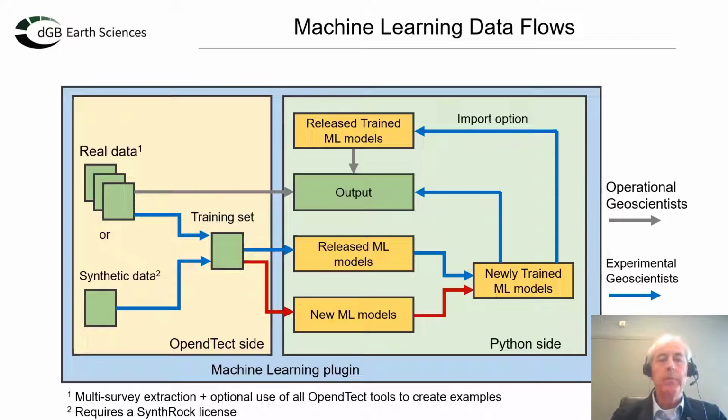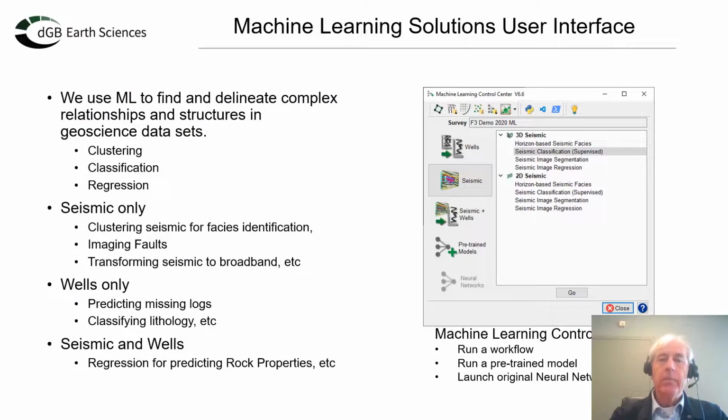And then we can have the researchers, and these researchers, they can create their own new models within the OpenTect machine learning system, because OpenTect machine learning system is the only system that is a hybrid system. It has a user interface as well as programming options.